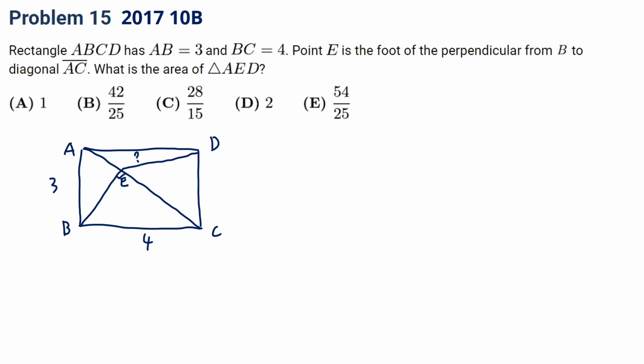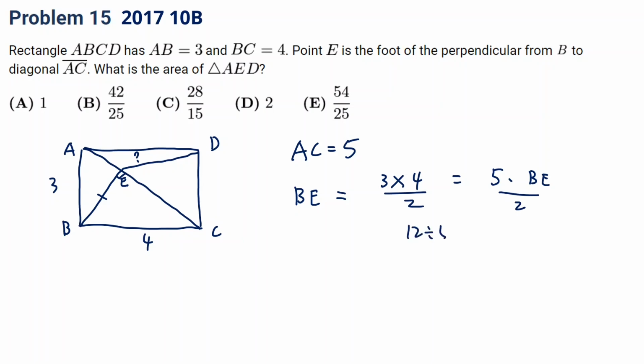So this is perpendicular. So we know AC is just 5. And BE, the length of BE, we can use area. So the area of the triangle is 3 times 4 divided by 2, which will equal 5 times BE divided by 2. So BE will equal just 12/5.